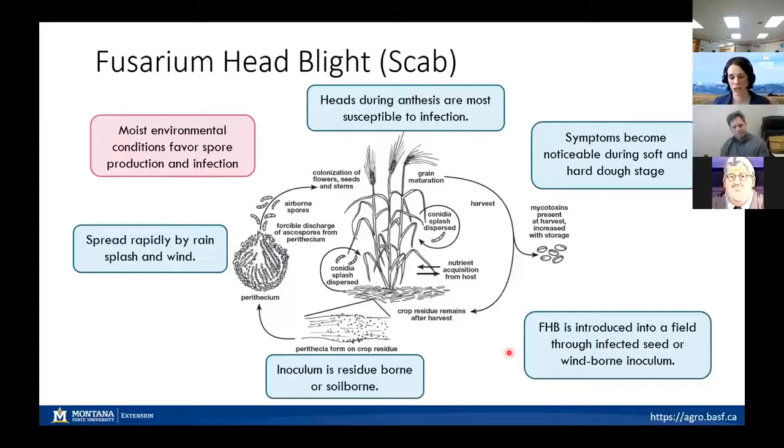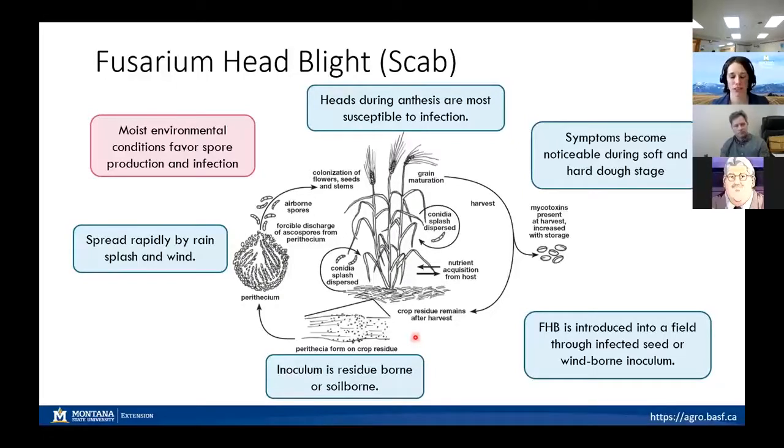But the pathogen can also enter the field through wind-borne spores, so spores that are blown in with the wind. However, in many fields, this pathogen is already present, and it can easily survive on residue that has been infested before.